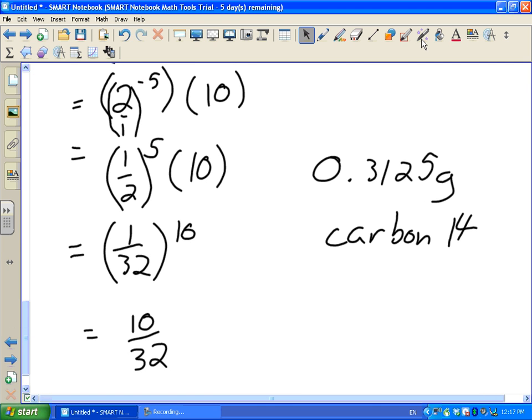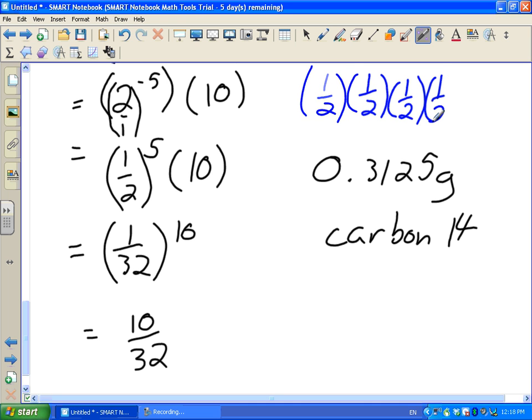So 1 over 2 to the power of 5, I'm going to do it in disappearing ink. 1 over 2 times 1 over 2 times 1 over 2, 1 over 2, 1 over 2.